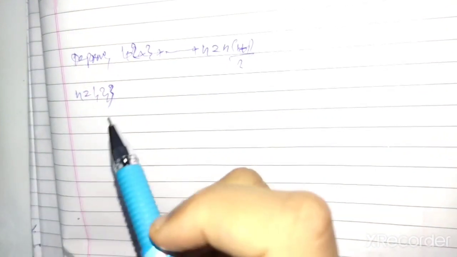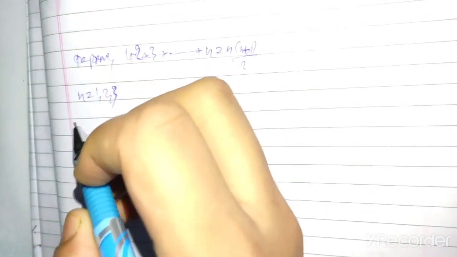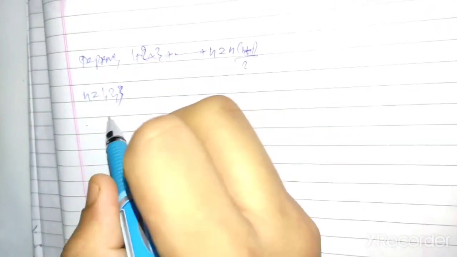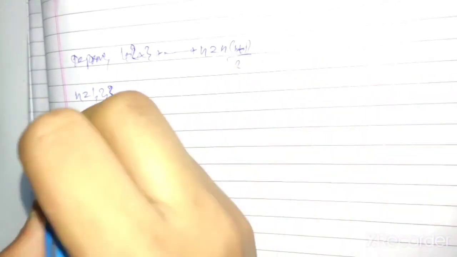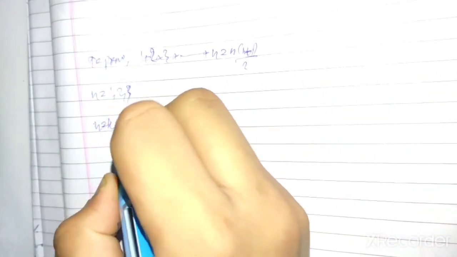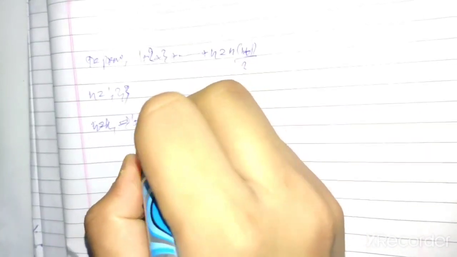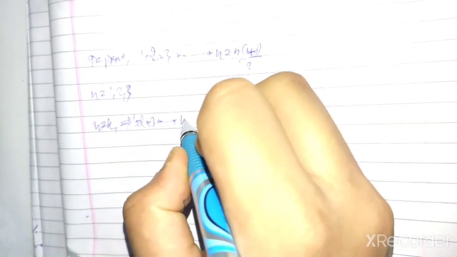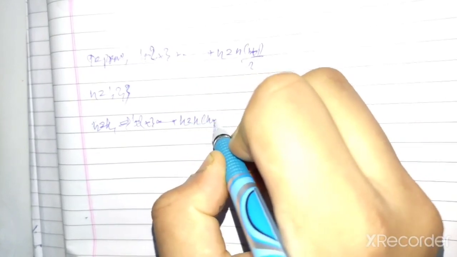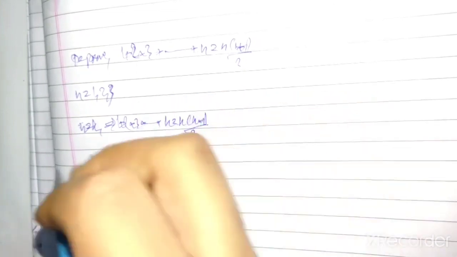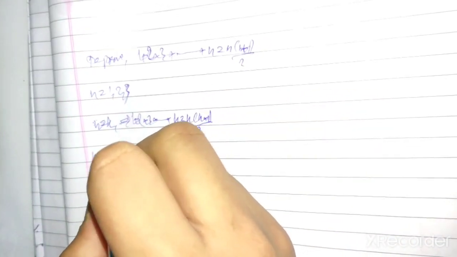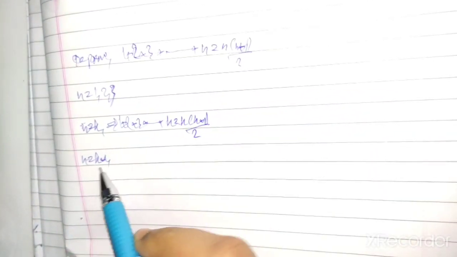Next, to prove the general statement by the weak form of induction, let's assume the condition is true for n equal to k. So it will imply 1 plus 2 plus 3 till k is equal to k times k plus 1 by 2. Now if you prove the condition is also true for n equal to k plus 1, then we are done.